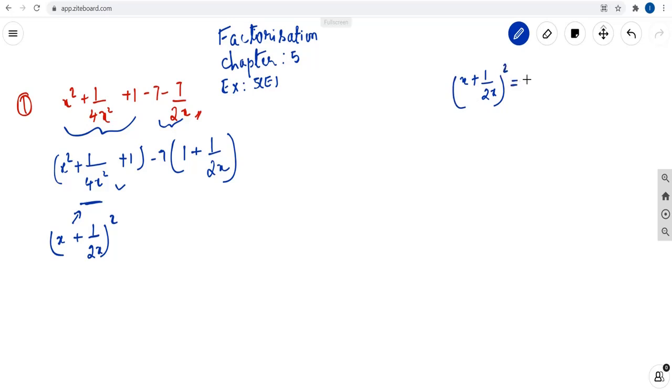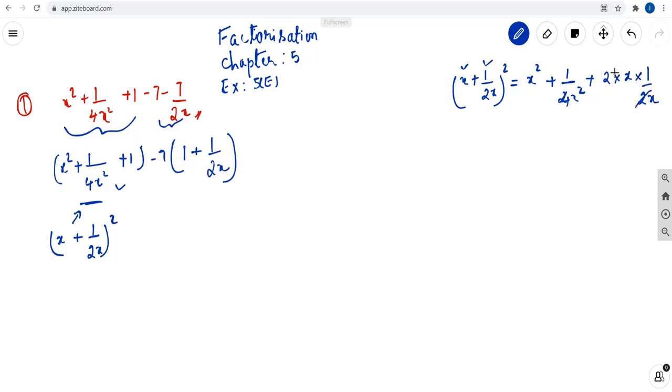This becomes x square, that is a square, plus b square, that is 1 divided by 4x square, because 1 divided by 2x whole square, plus 2ab. A is x, b is 1 divided by 2x. So 2 into x into 1 divided by 2x.